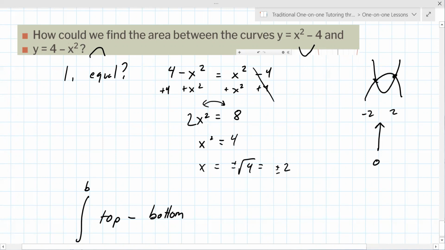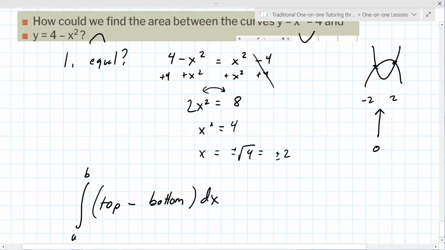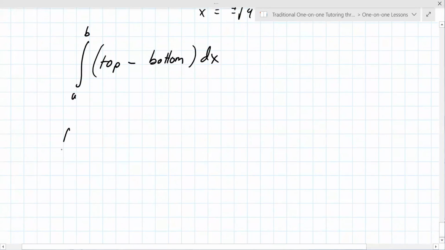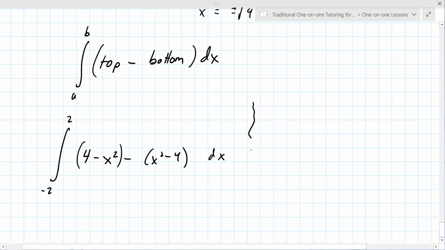No, you are, but the top minus bottom refers to your curves. Oh. Okay, so let me try and show you what the two possibilities are. So on the left is correct, 4 minus x squared minus x squared minus 4. This is correct, but you could, as a student, very easily write it the other way.